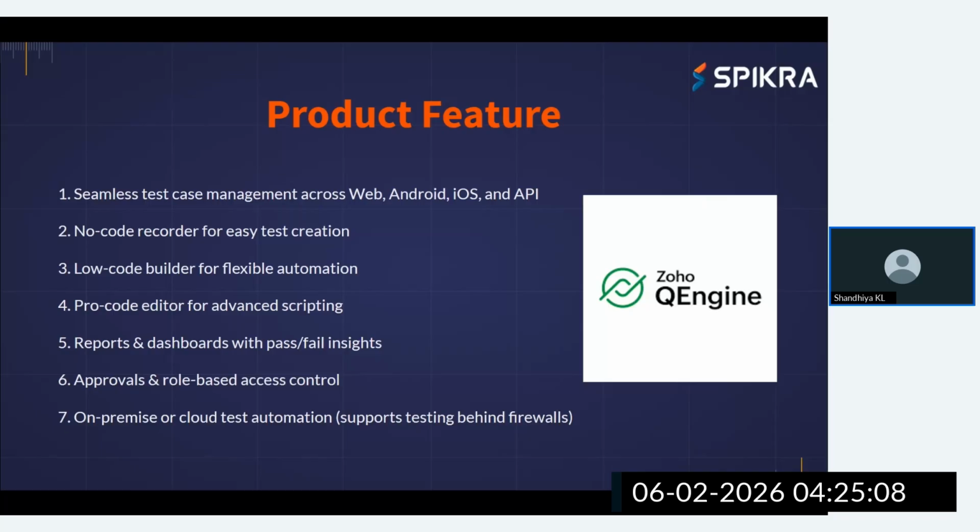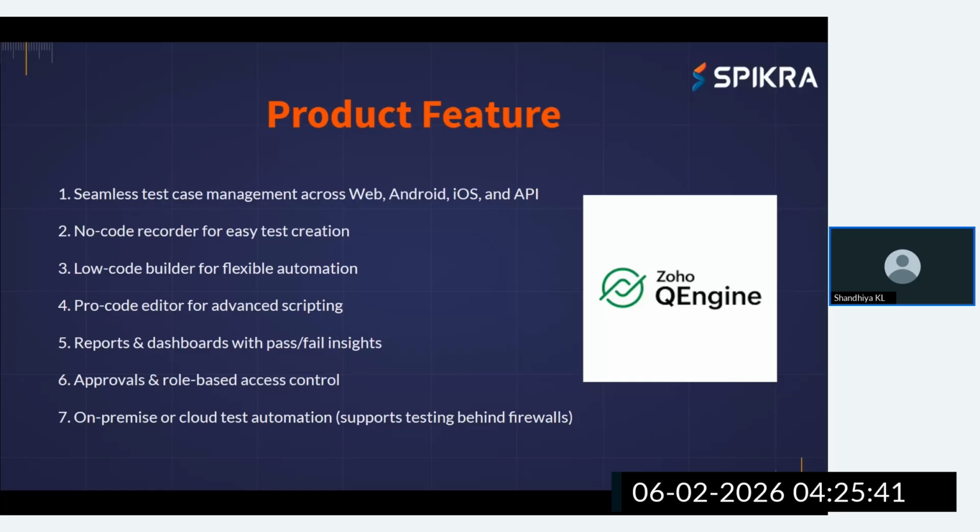In the reports and dashboards, QEngine has a rich dashboard feature which contains the results of the test cases, how many test cases passed, how many test cases got run, and denotes the passed and failed cases with their reasons in the overall analytic dashboard view of the Zoho QEngine. And also, it has the best AI-driven testing capabilities, which we will showcase in the demo.